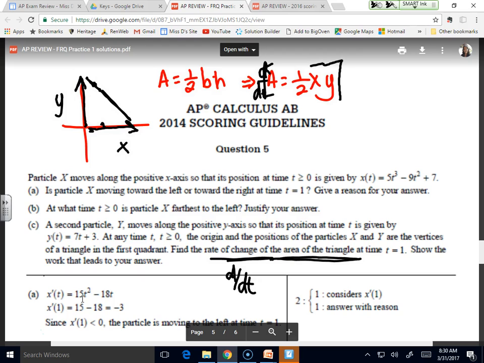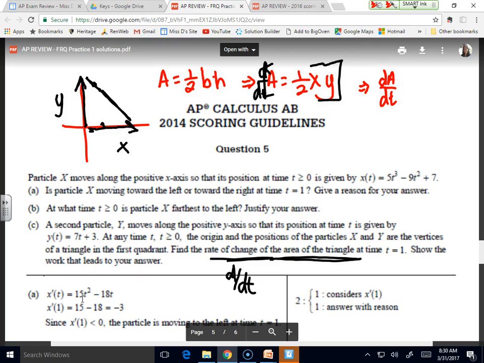Classic related rates. You have a shape, think of a formula, get it in terms of the variables at play. So then, kiddos, how do I take the derivative with respect to t of all of this stuff? What's the derivative of A? dA/dt.